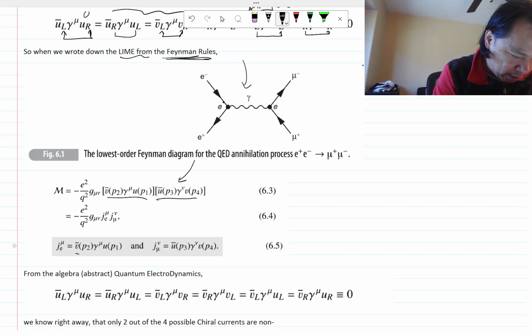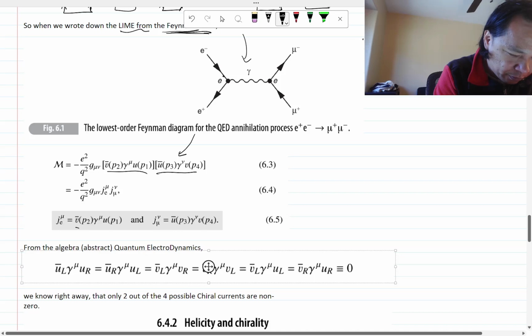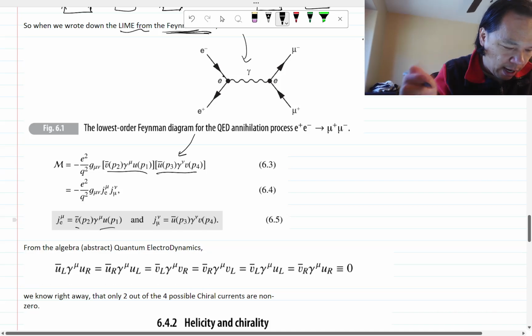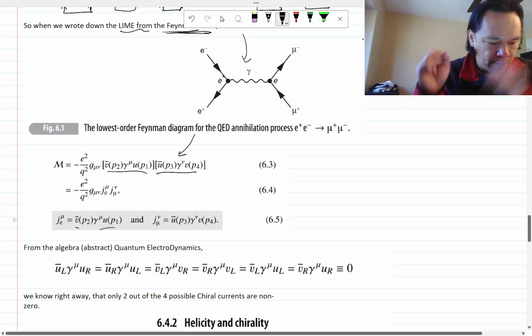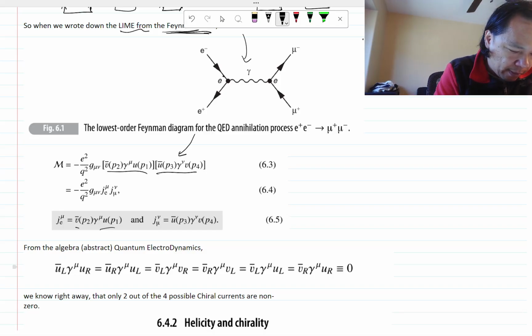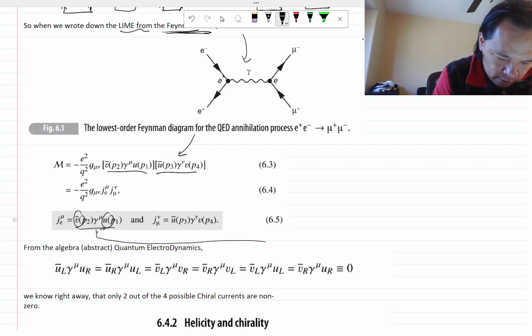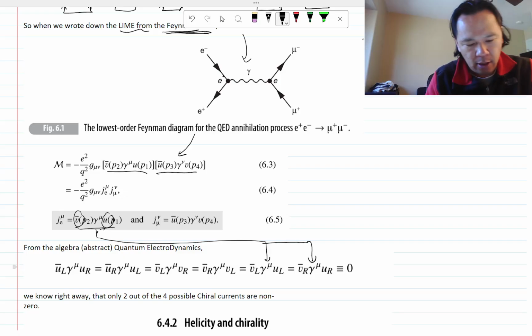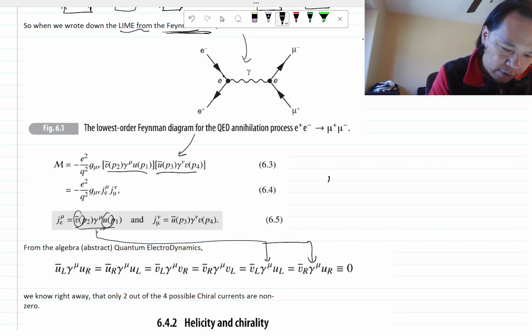When we do the algebra, we found that the current from an antiparticle to a particle is 0 if they are both left chiral and right chiral.